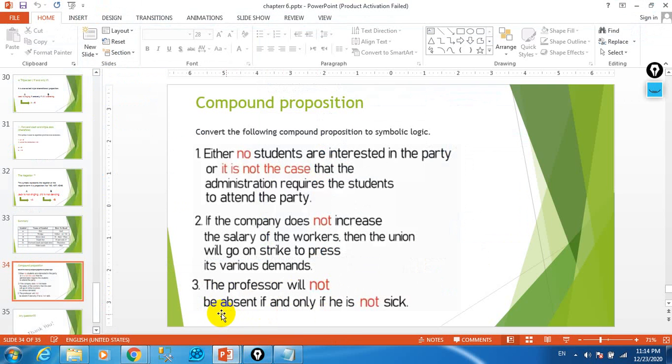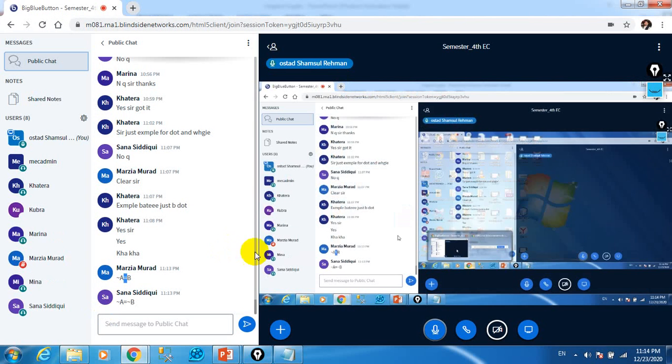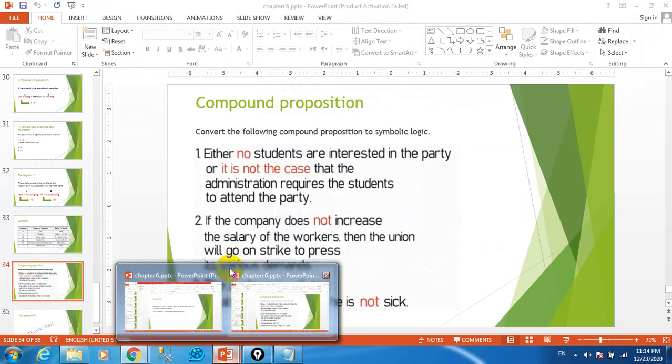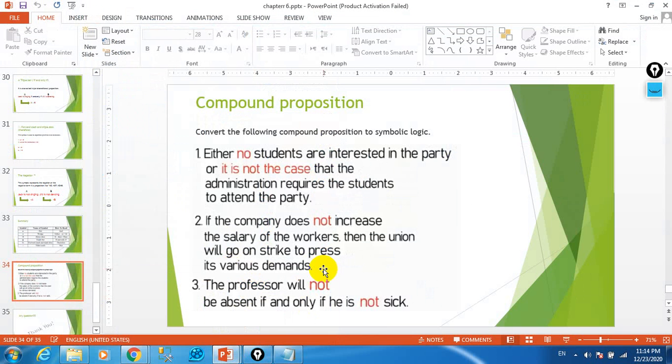The professor will not be absent if and only if he is not sick. Excellent. Next students. What is your answer for that? Let me display it to you. So all of you should send me the answer. So make the symbolic logic for this.